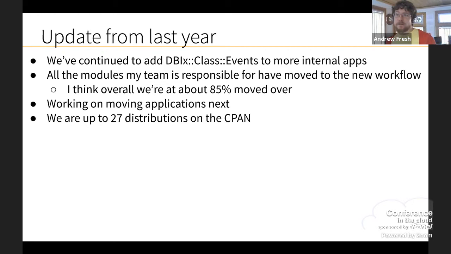So it's really a very low barrier to open sourcing things. That's really nice. And like it says, we're up to 27 distributions on the CPAN. Many of them, not quite half, are HealthCheck related.